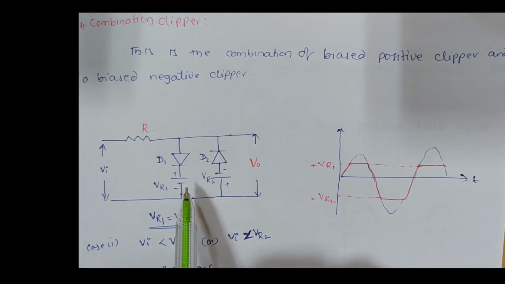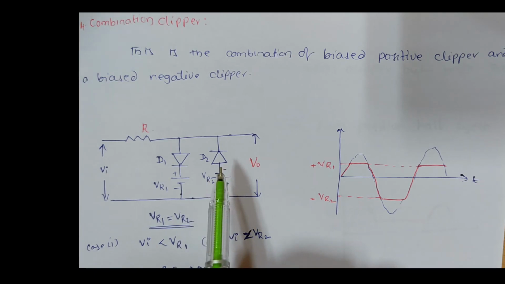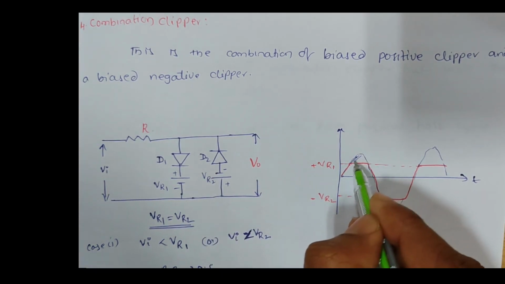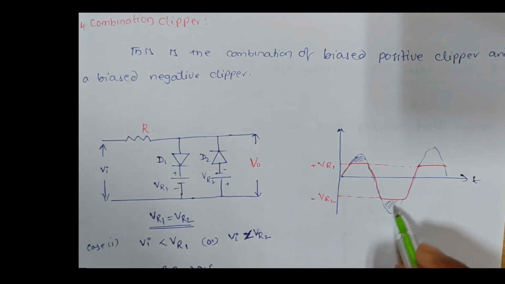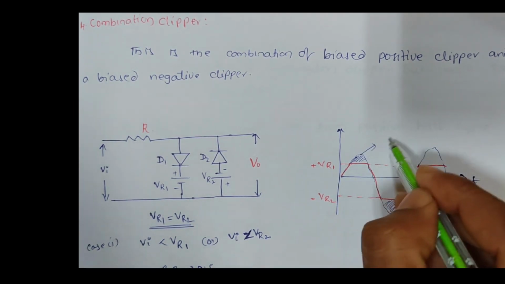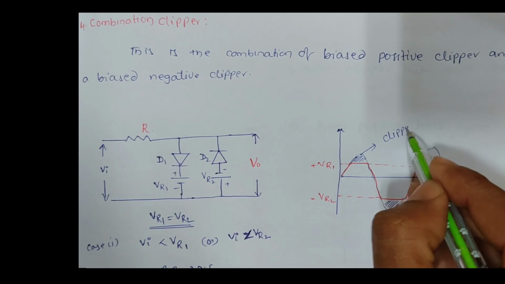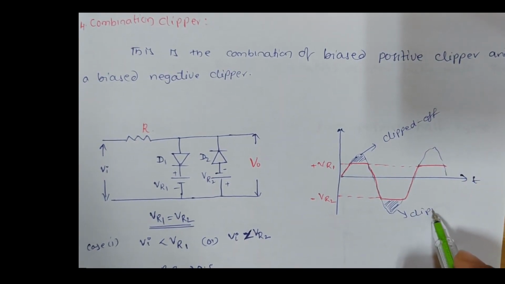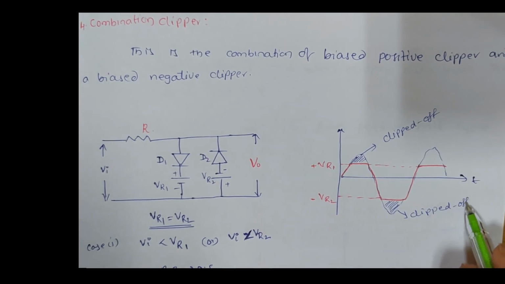So in this output we can expect we are removing a small portion of the positive half cycle and a small portion of the negative half cycle. So these parts are clipped off here. This one is also clipped off. So this is called a combination clipper.